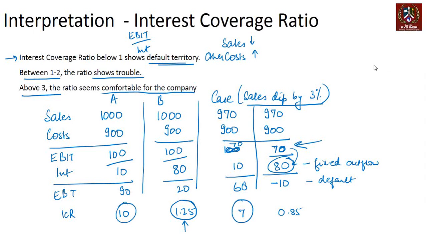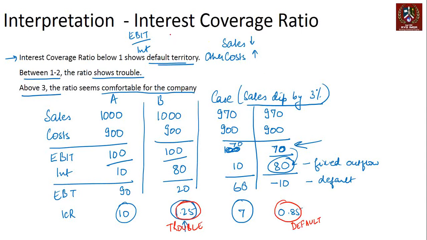What is worrisome is the lower numbers. So this is trouble and this is default. This number here is trouble. We need to check it carefully, and this number here is essentially default because the company is not in a position to pay it back.